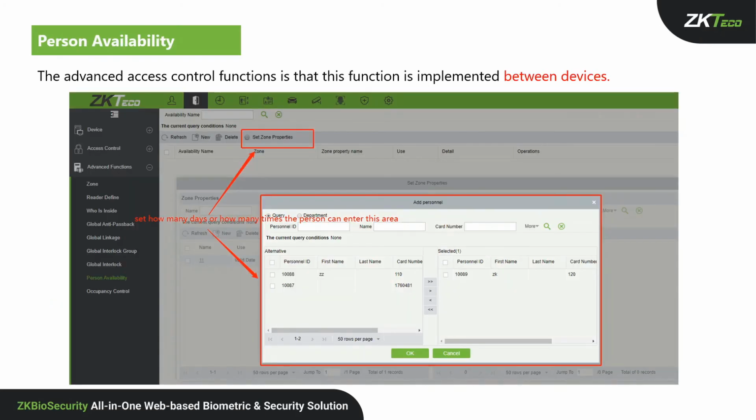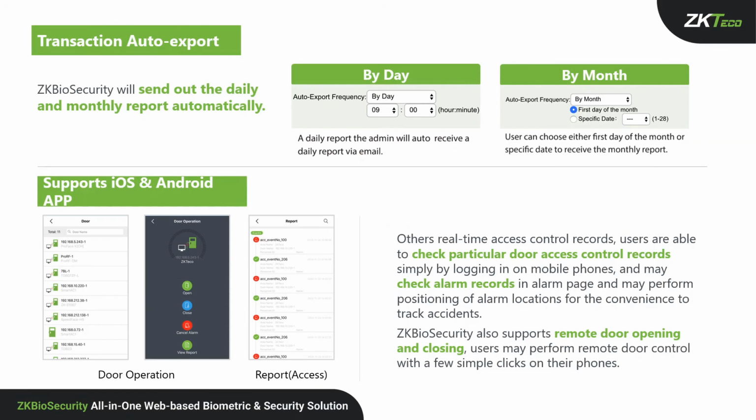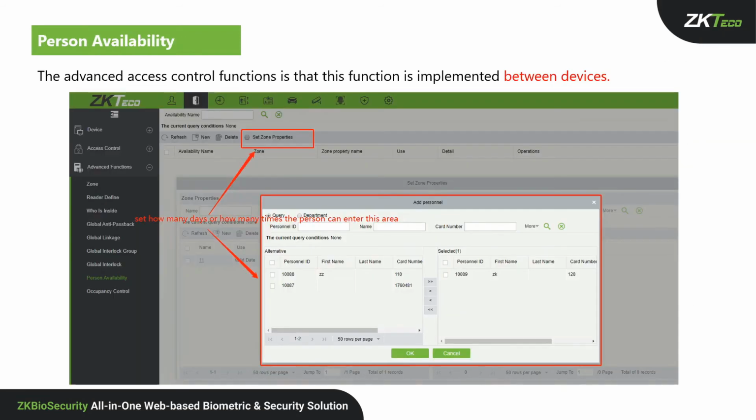Person availability. The difference from occupancy is that this is based on punches. For example, you want to assign only one punch for the whole day; you can assign that from these options. It depends on you.